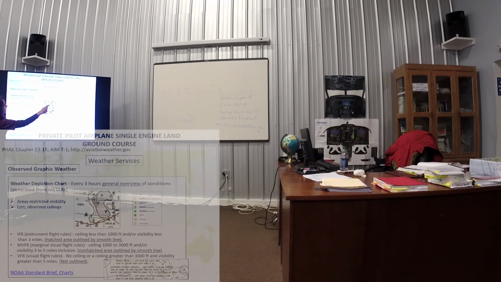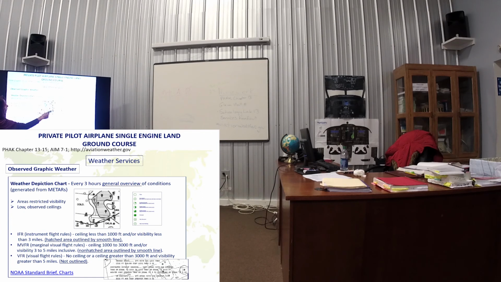It's going to be some kind of contour line with hatched. If it's marginal VFR, ceilings 1,000 to 3,000 or visibility 3 to 5 miles, you're just going to have an outline. Right here is marginal. Right here is IFR. You don't have any line, it's VFR. Right here tells you exactly what they want for VFR.